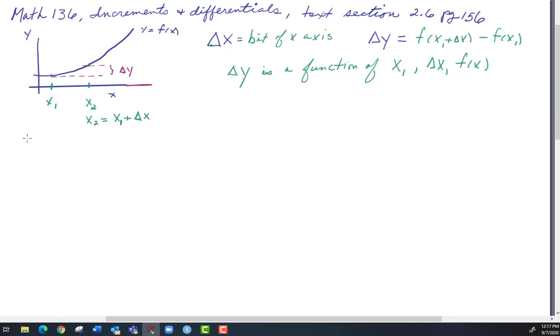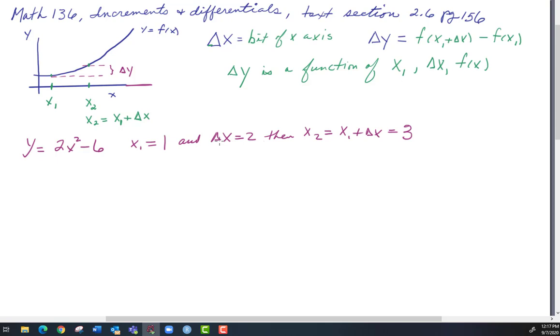So as an example, if we had y equal to 2x squared minus 6, and if we would let x1 equal 1 and delta x equal 2, then x2, which is x1 plus delta x, would be equal to 3.